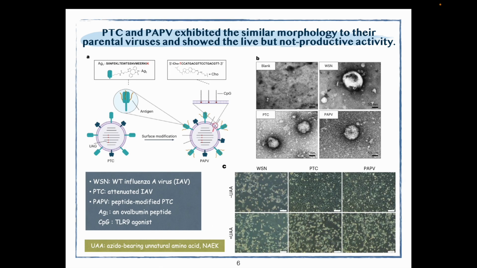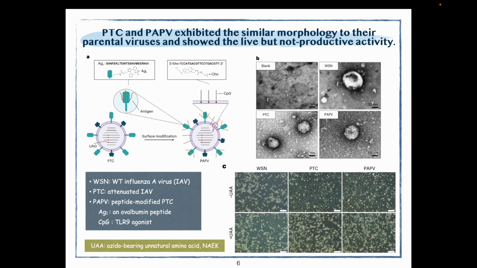They first observe the morphology of different IAV. WSN is wild type, PTC is attenuated IAV, and PAPV is peptide-modified PTC. As we can see in Figure B, it is almost identical between WSN, PTC, and PAPV.